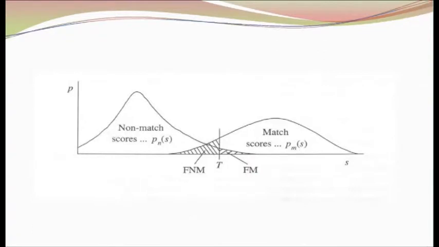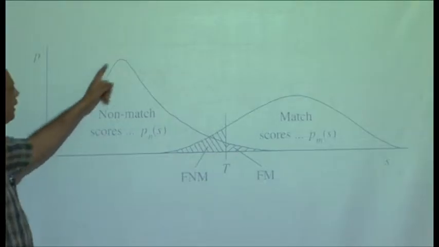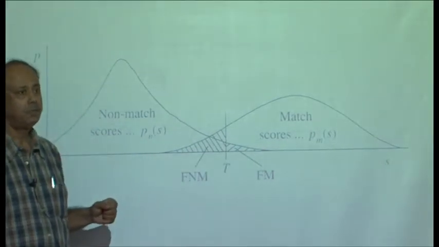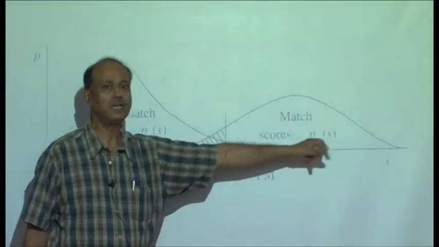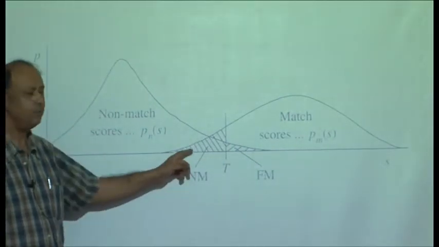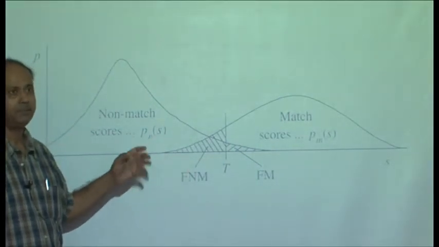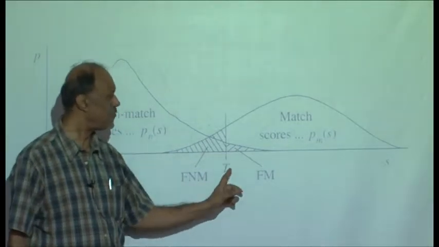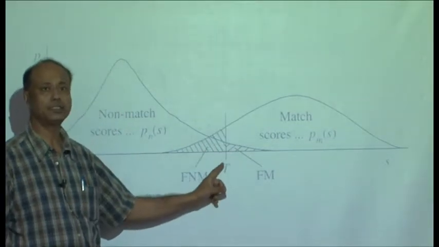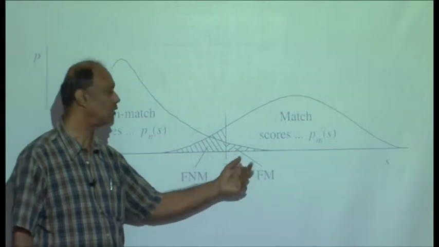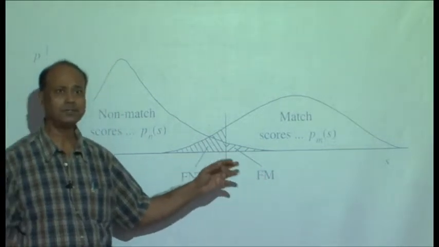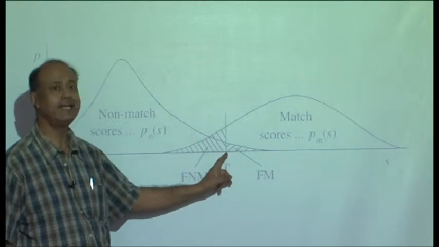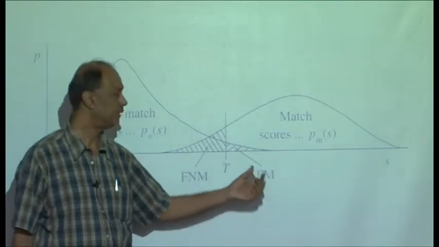So this will be the graph for imposters, and this will be the graph for the genuine, and there will be some overlap because of pattern matching, as I told you. If I consider that this is the threshold, all the persons whose matching score is greater than T, you will be accepting.